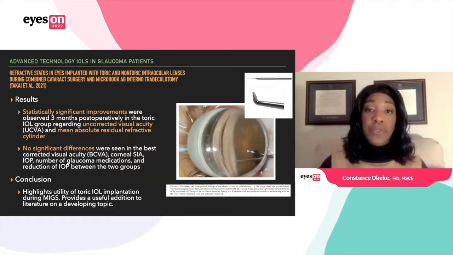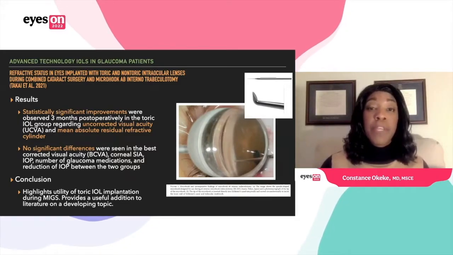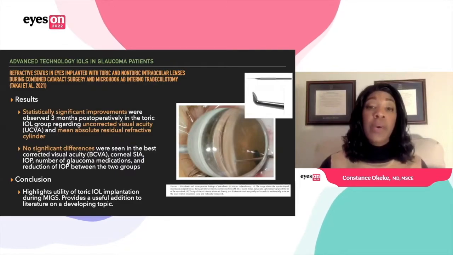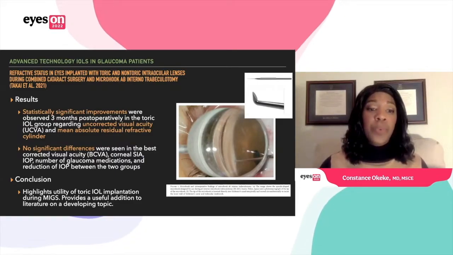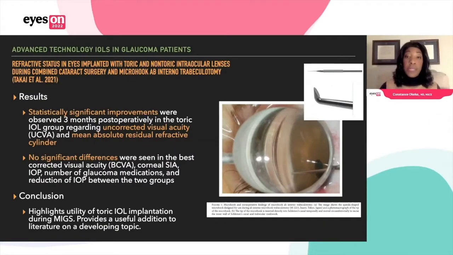These were factors to evaluate stability in doing the MIGS procedure along with the toric or non-toric lenses. Overall, they found that toric lenses can be implanted well with this goniotomy procedure, without concern of it affecting the ability to have excellent outcomes for distance uncorrected vision.